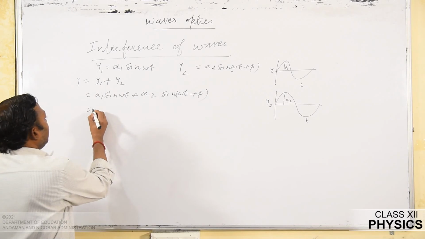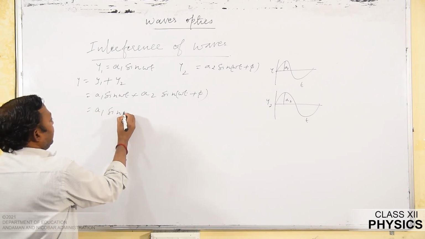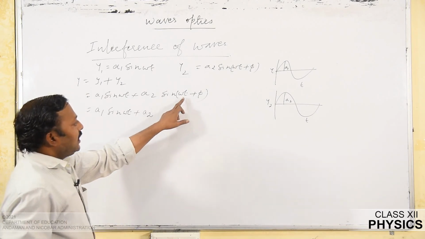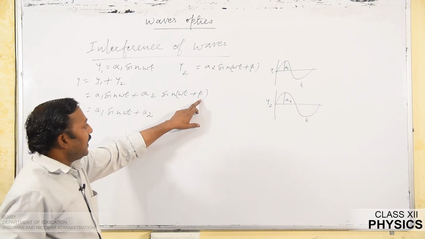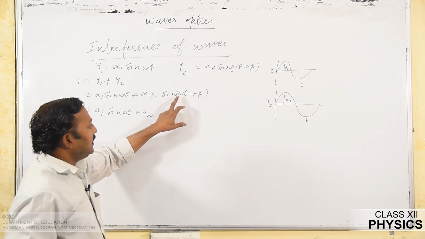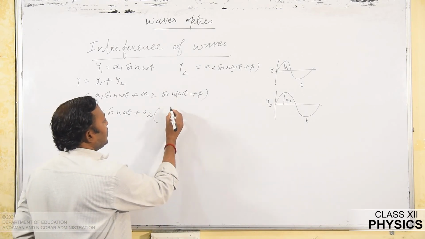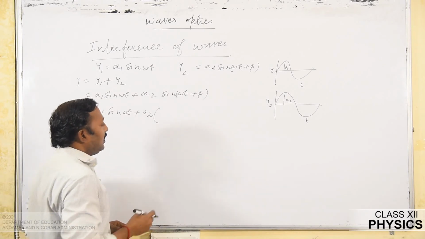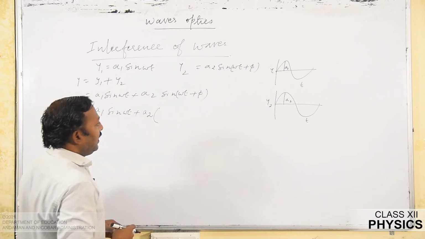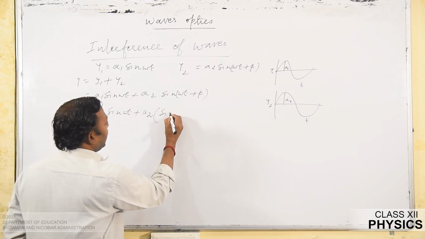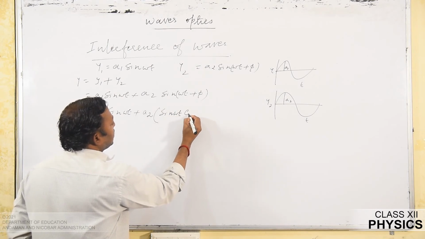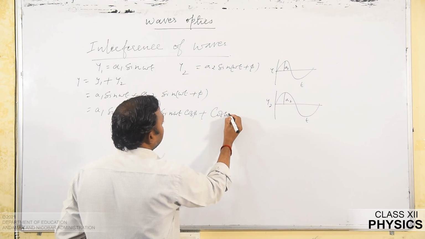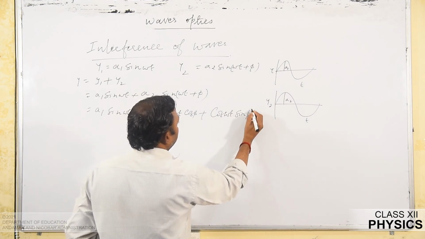Now a1 sin omega t plus a2 sin(omega t plus phi) can be expanded by the formula sin(a plus b) equal to sin a cos b plus cos a sin b. Using that formula, sin(omega t plus phi) can be written as sin omega t cos phi plus cos omega t sin phi.